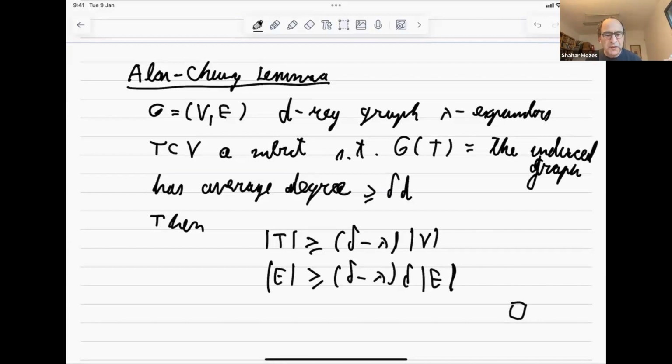The proof is the Cauchy-Schwarz inequality. Once you know the lemma and you know it's Cauchy-Schwarz, then you can prove it.